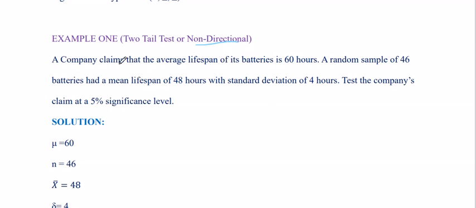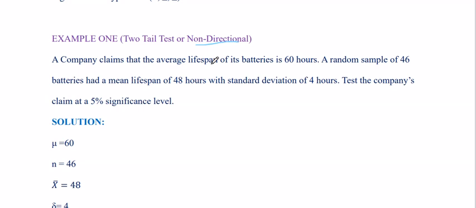A company claims that the average lifespan of a battery is 60 hours. A random sample of 40 batteries had a mean lifespan of 48 hours with a standard deviation of 4 hours. We are told to test the company's claim at a 5% significance level.